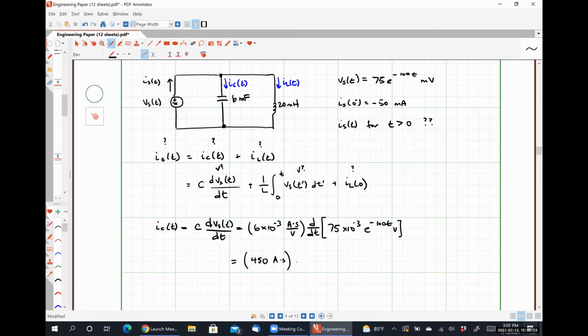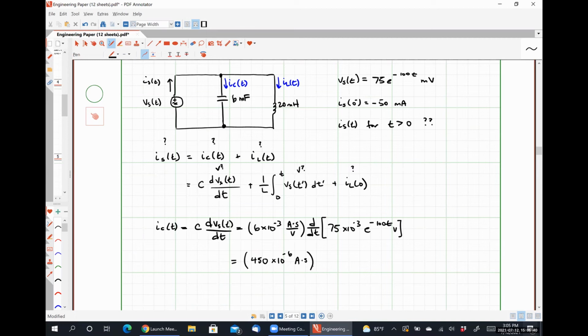So that's just me multiplying 450 times 10 to the minus 6. That's me multiplying 6 times 10 to the minus 3 times 75 times 10 to the minus 3. I think I did my mental math correctly.